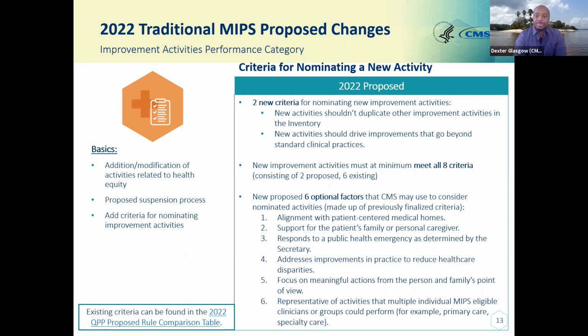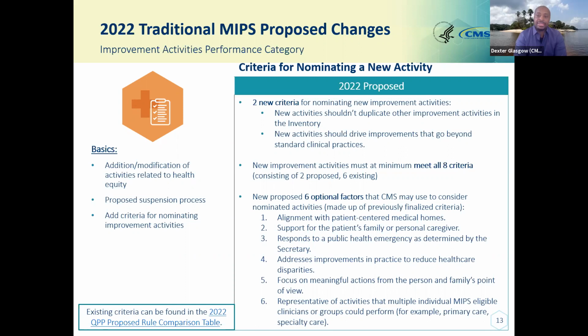Third, feasible to implement, recognizing importance in minimizing burden, including to the extent possible for small practices in rural areas or in areas designated as geographic health professional shortage areas by the Health Resources and Services Administration, or HRSA for short. Number 4, evidence supports that an activity has a high probability of continuing to improve beneficiary health outcomes.